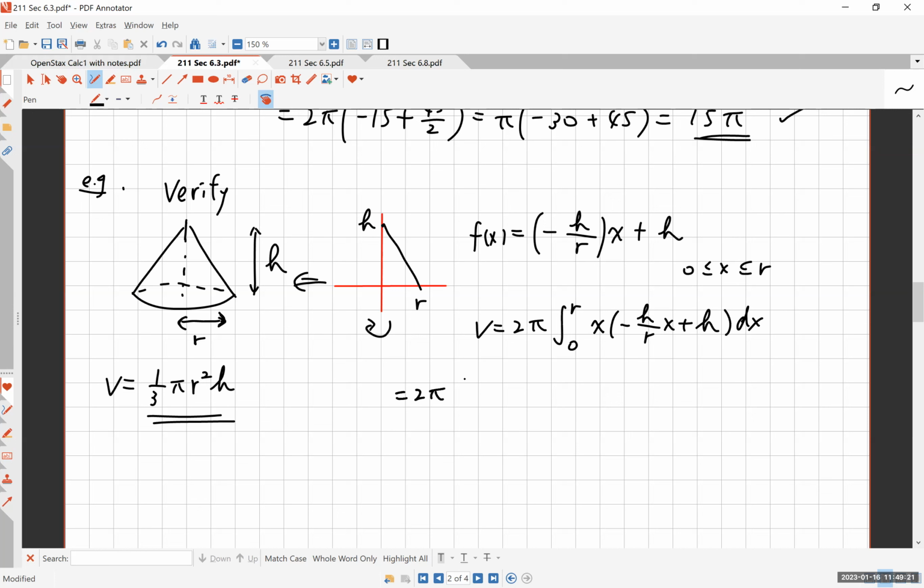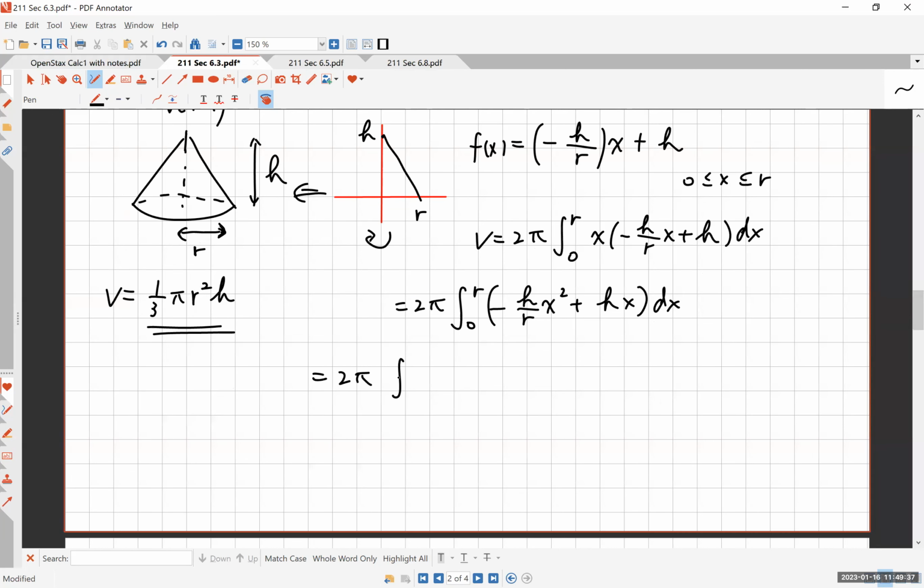So this is 2 pi. And then you have negative h over r x squared plus hx. That's what you have to integrate. And this is the integral. Actually, let's just integrate at this point.